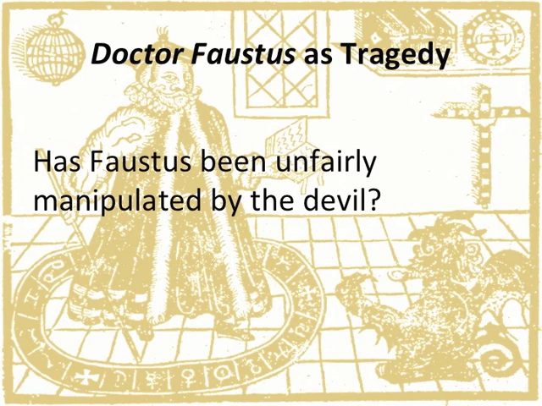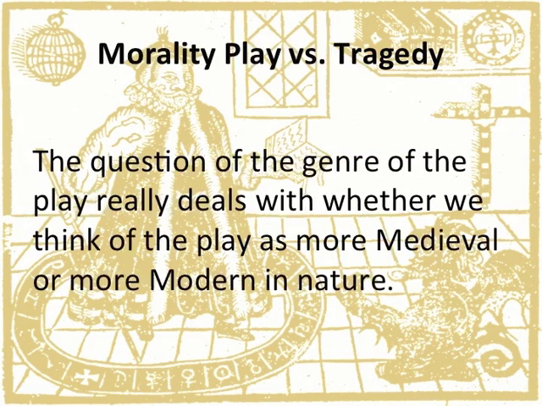Really, the question of whether we think of the play as a morality play or a tragedy is kind of related to whether we think of it as a play sort of at the end of the medieval period, and certainly we break the medieval period around 1500, so technically this play would be written after the medieval period. But as I said, morality plays certainly were still being performed at this time.